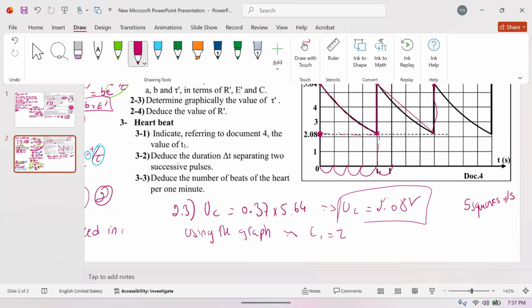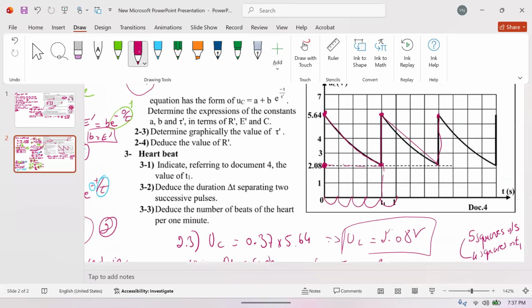But T1 represents 4 squares. So how much should the time be? 5 over 4 equals 1 over T1. You do cross multiplication or proportions, and you should be getting 0.8. So tau is 0.8 seconds.